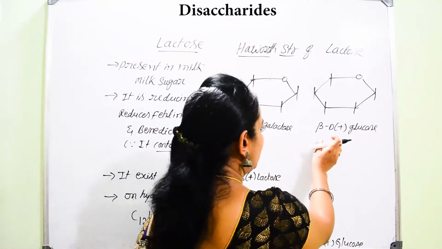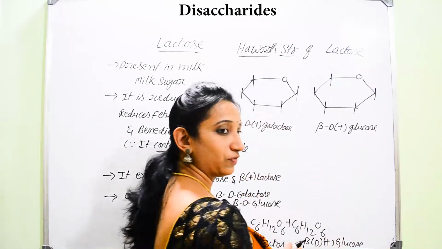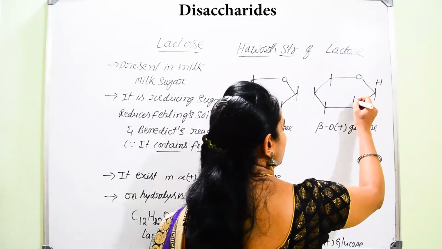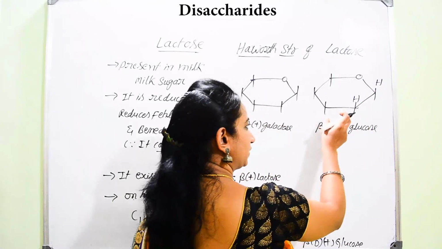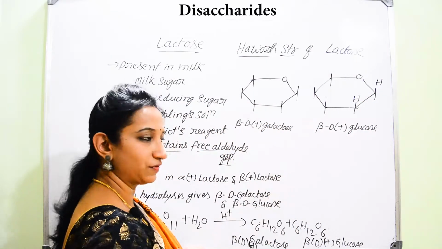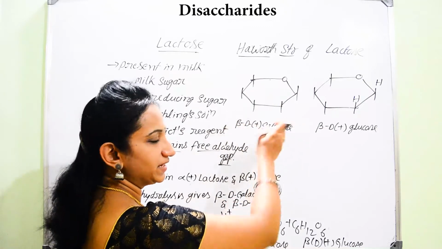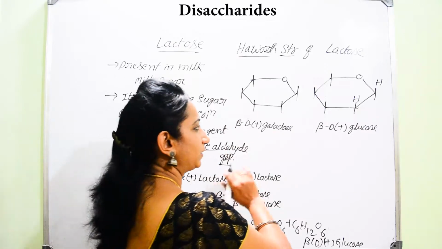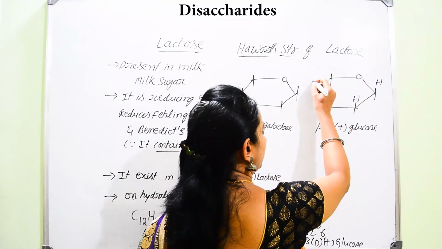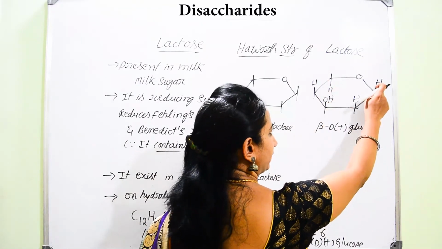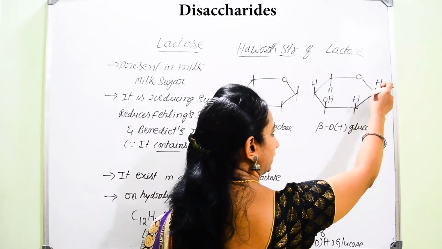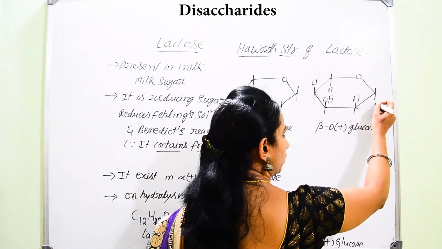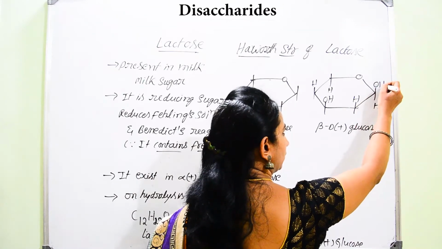First, remember the code for alpha D glucose: H, H, OH, H, H. Always remember this code. It is very easy to derive the structures for different disaccharides like sucrose, maltose and lactose. But here, in the very first position there will be a change: H will go below and OH will go above.